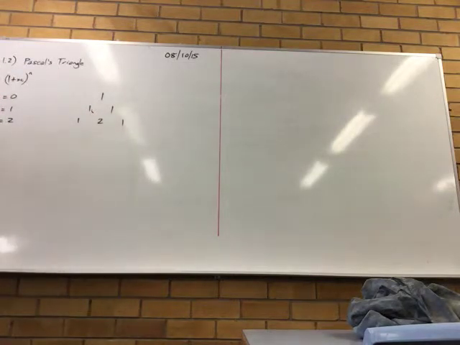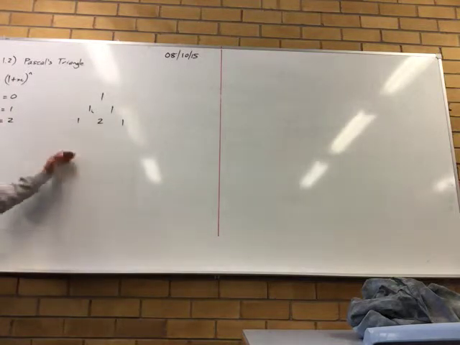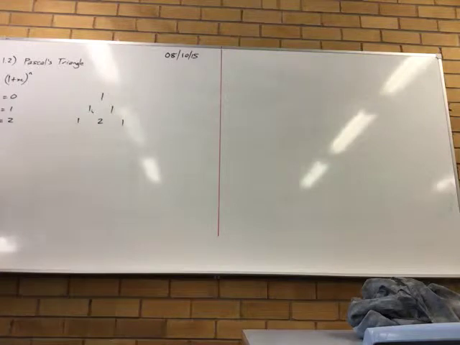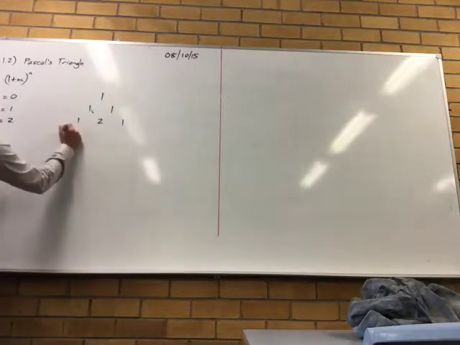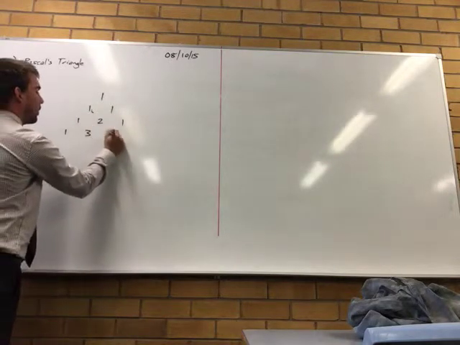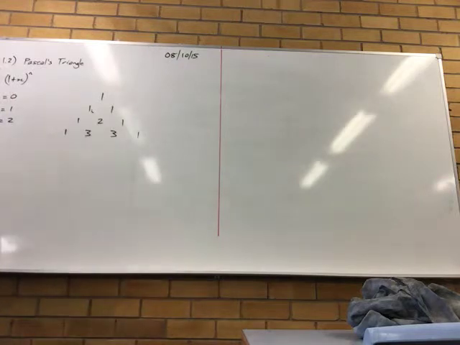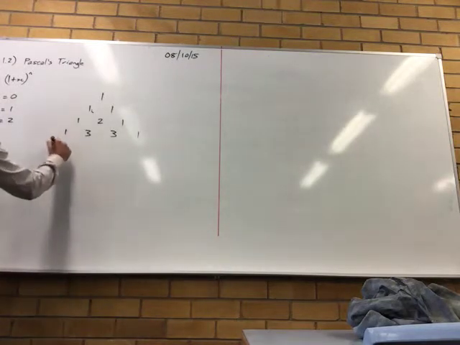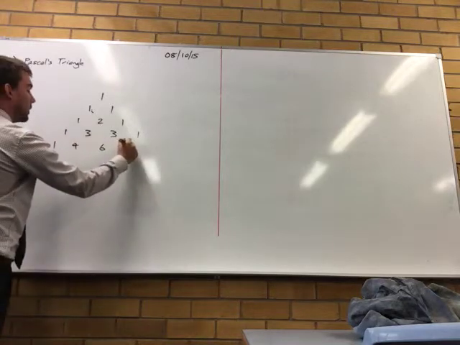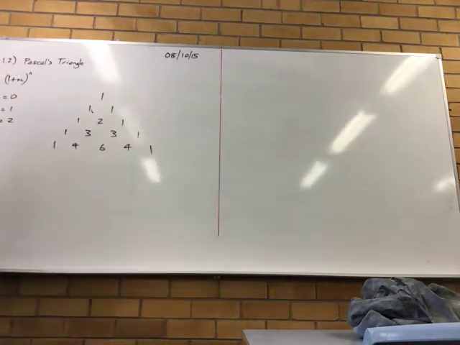As we increase n, the triangle gets bigger and bigger towards the number of terms in that row. So 1, 3, 3 and 1 for the coefficients for that, and 1, 4, 6, 4 and 1 for the power of 4.